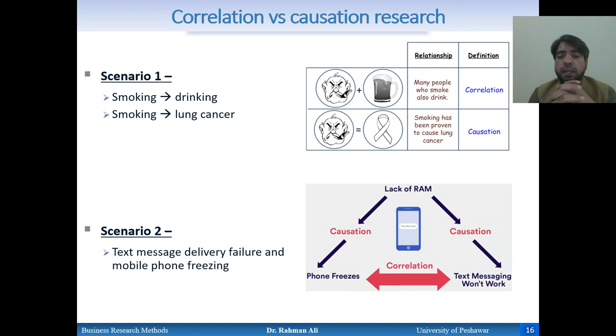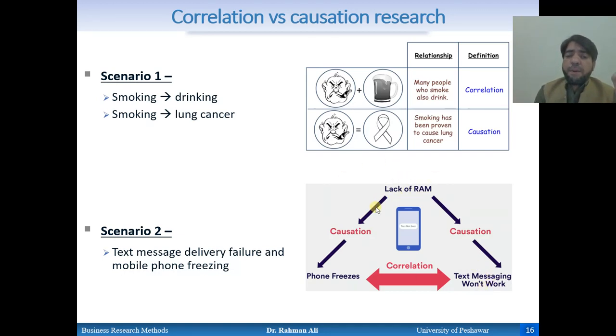But knowing why the message is not sent, apparently it is because of the mobile hang. But mobile hanging is caused by some other factor, and that is lack of RAM. The RAM installed in your mobile phone is not enough to support so many applications and to send this kind of messages.